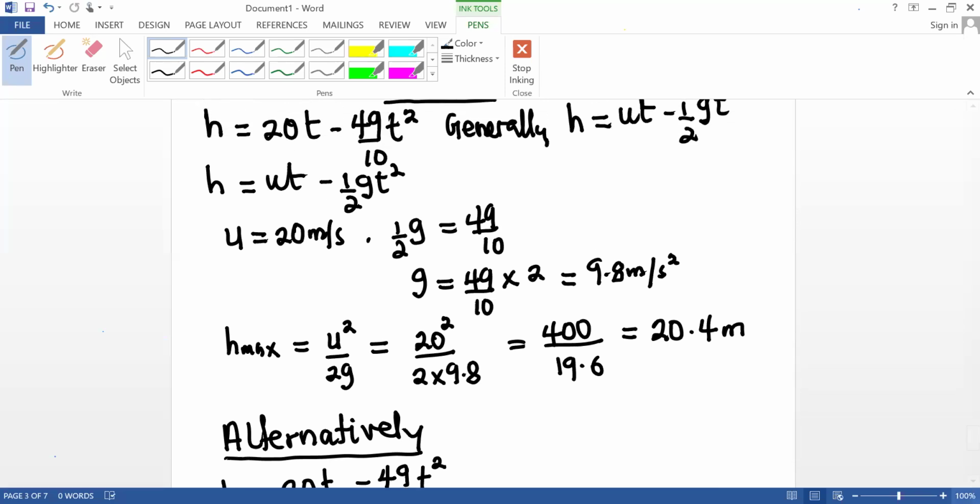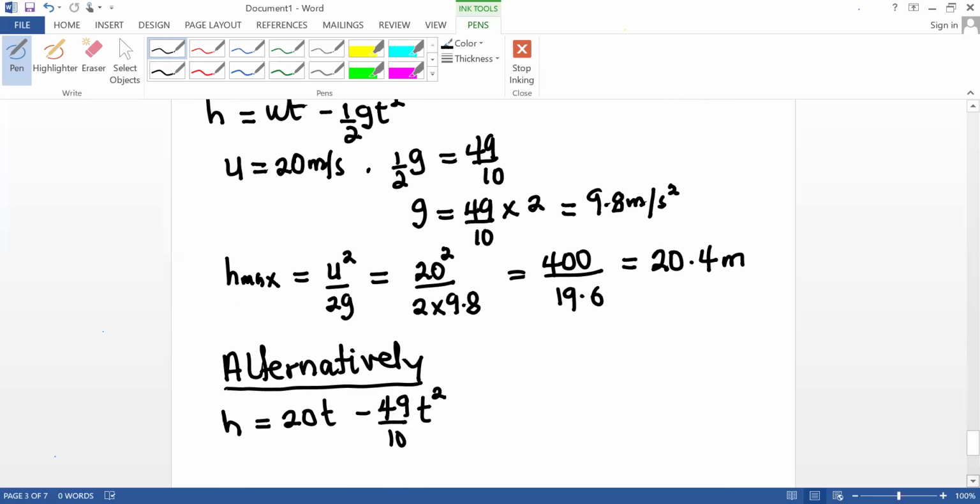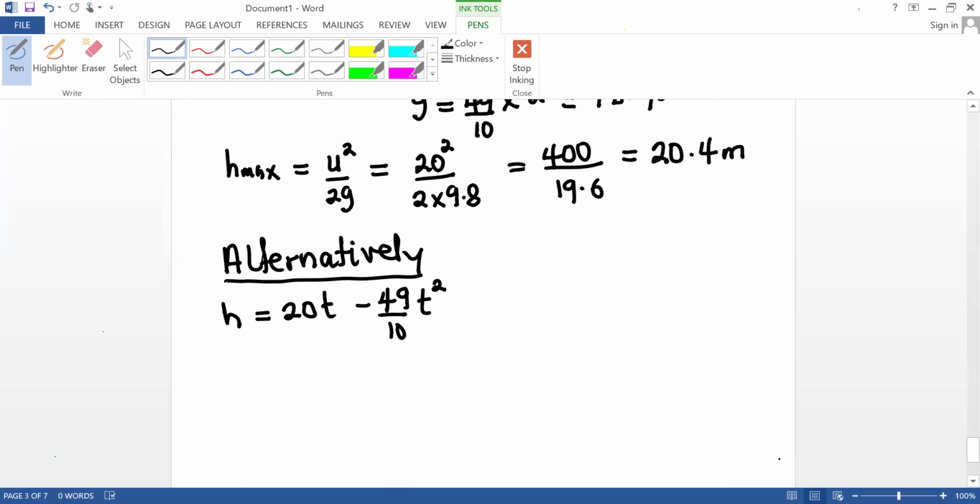Good. I know that the rate of change of displacement with respect to time would give me velocity. So velocity is equal to the change in height or displacement over the change in time.